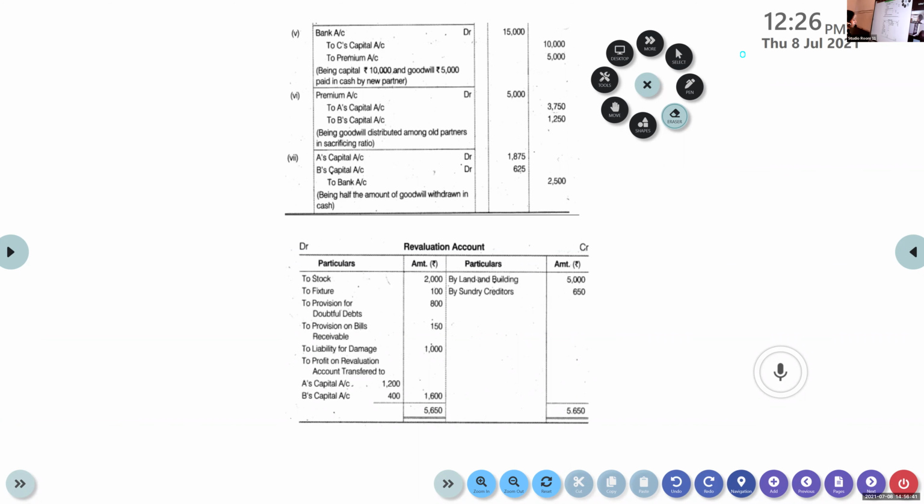Sundry debtors into 5 by 100. So 800. Again, bills receivable into 5 by 100. 150. And there is increase in liability. Liability for rupees 1,000.